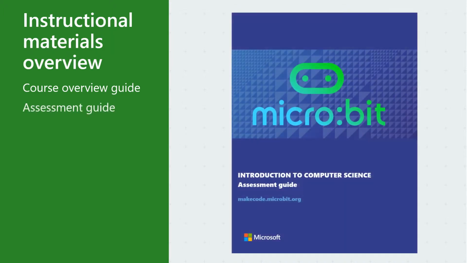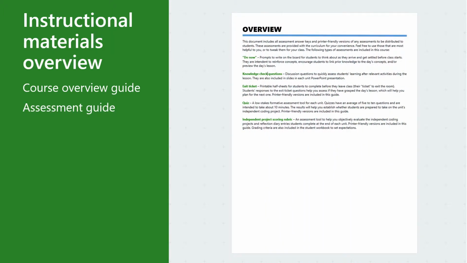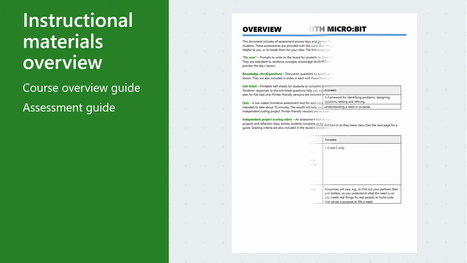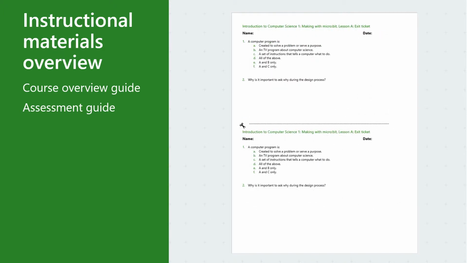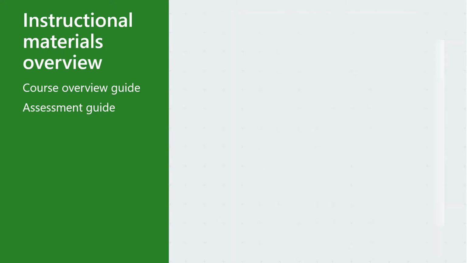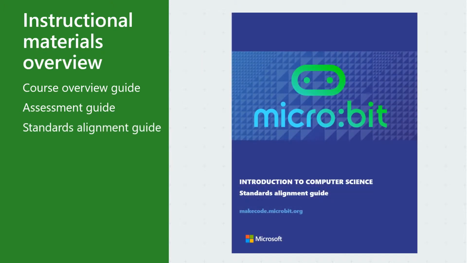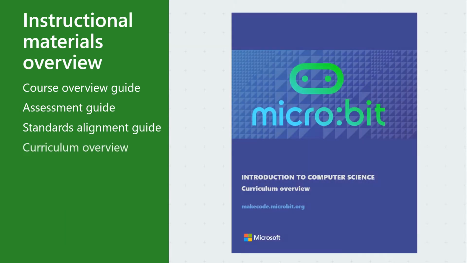An assessment guide with descriptions of the 5 types of assessments, all answer keys, printer-friendly versions to distribute to your students, and scoring rubrics. A standards alignment guide that includes all CSTA K-12 computer science standards addressed in the course and each unit. And a high-level overview booklet to promote the course to stakeholders, such as school district administrators or government partners.